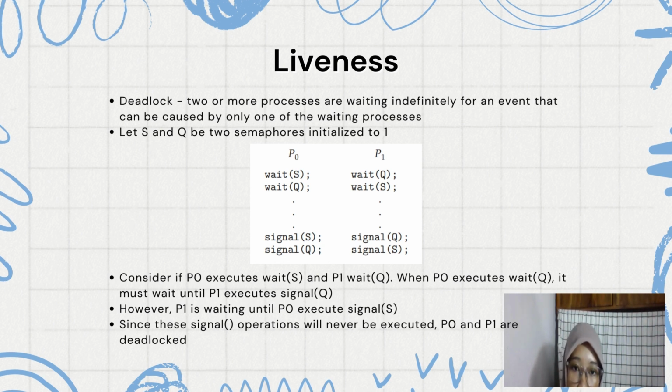Consider P0 executes wait(S) and P1 executes wait(Q). Then P0 executes wait(Q). It must wait until P1 executes signal(Q). However, P1 is waiting until P0 executes signal(S). Since these signal operations will never be executed, P0 and P1 are deadlocked.